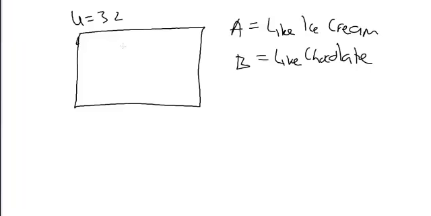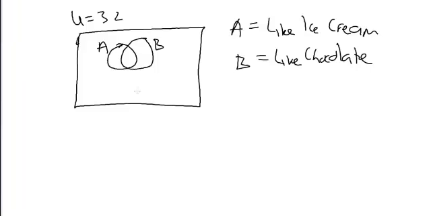So the way we denote this is A, the collection of people who like ice cream, and B, the people who like chocolate.